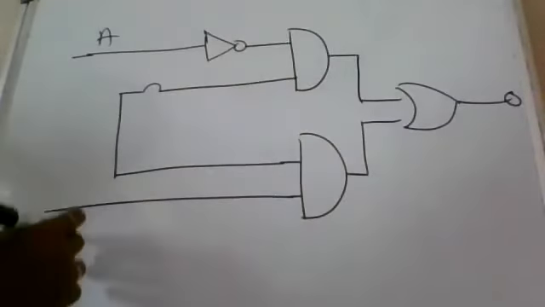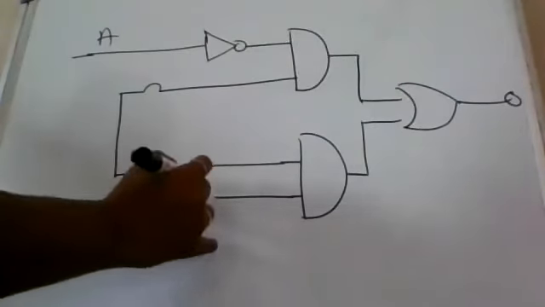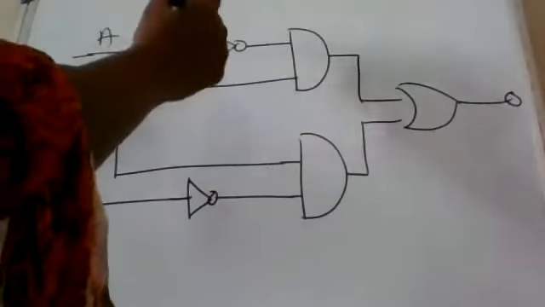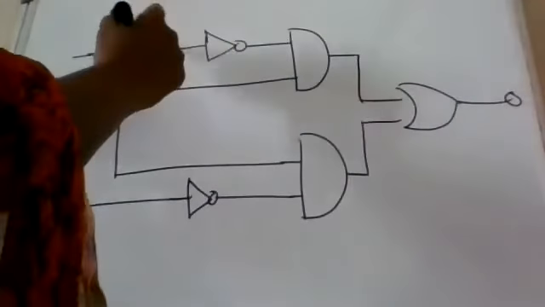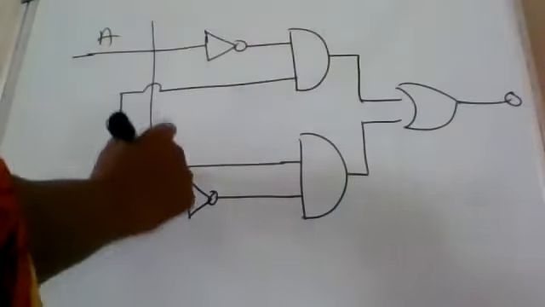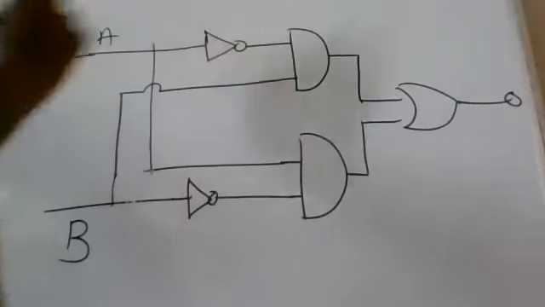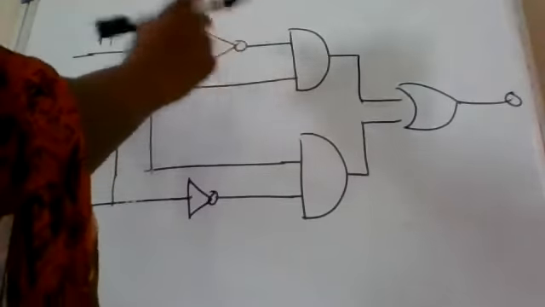Here a comma b inputs. Here A is the input connected to NOT gate.